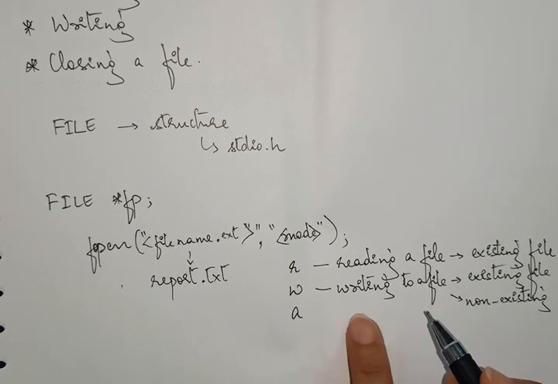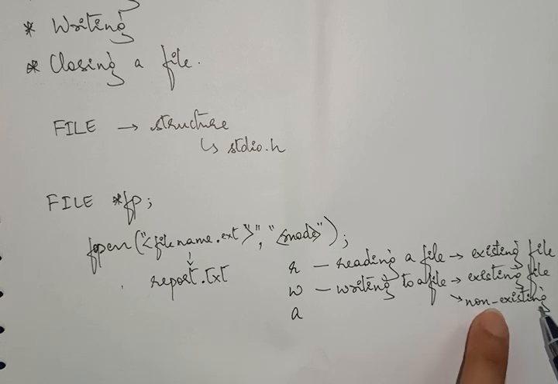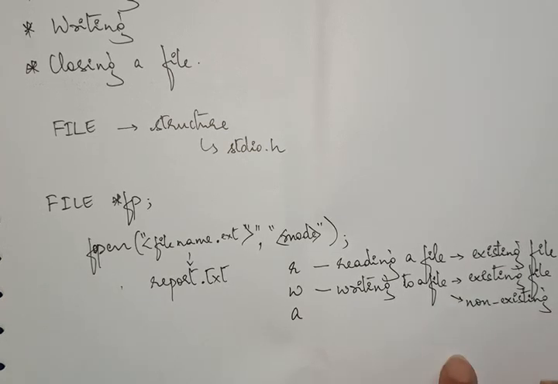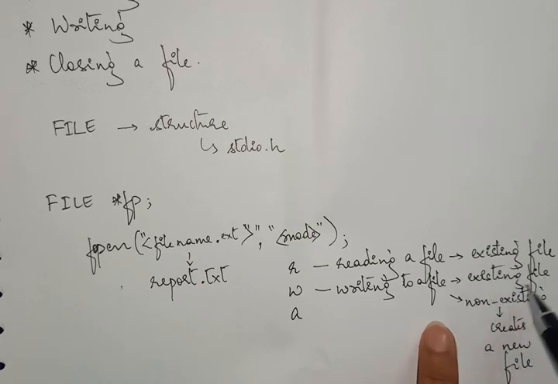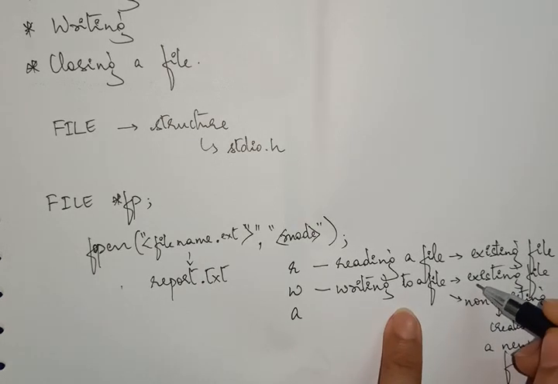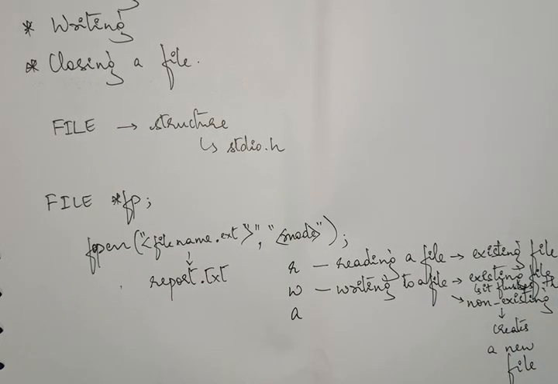When you open a non-existing file in write mode, it creates a new file. But if you open an existing file in write mode, it flushes the previous contents of that file. That is, it just deletes the data that was stored in that particular file previously.